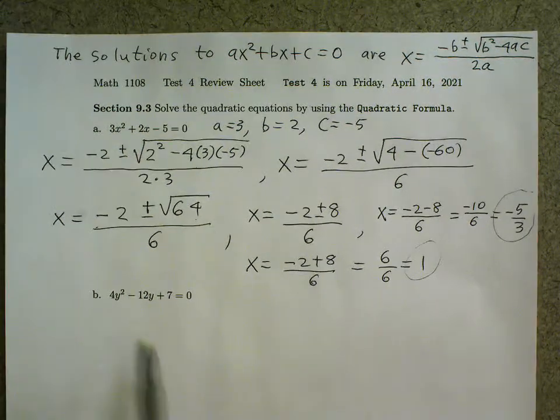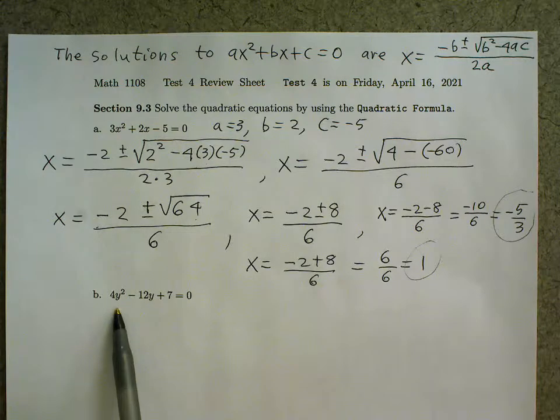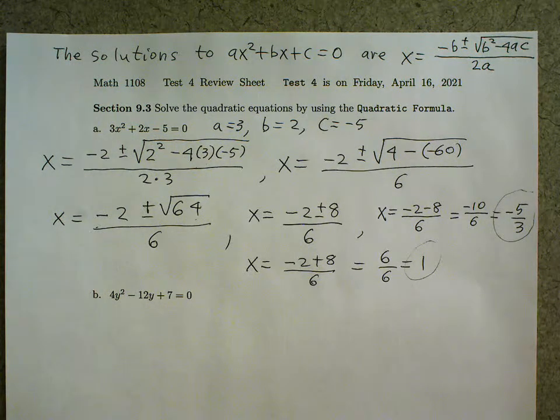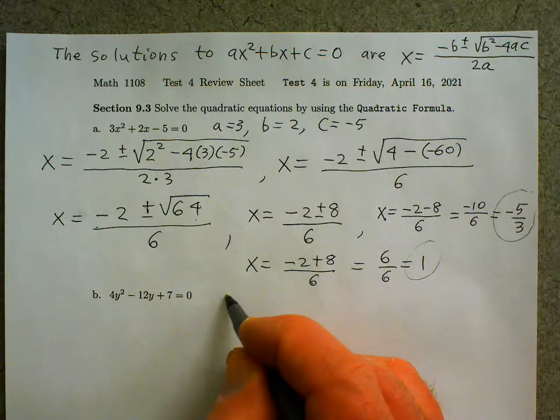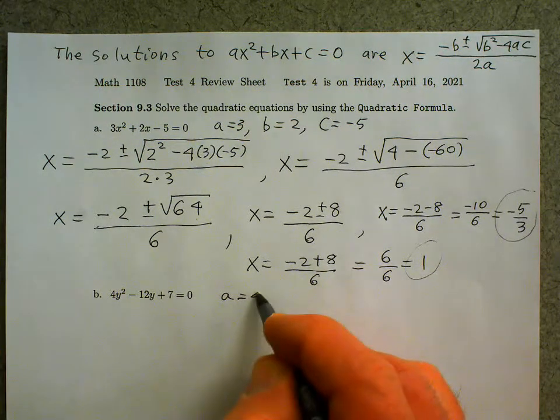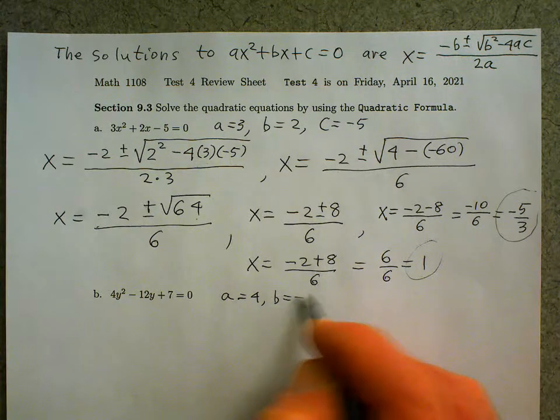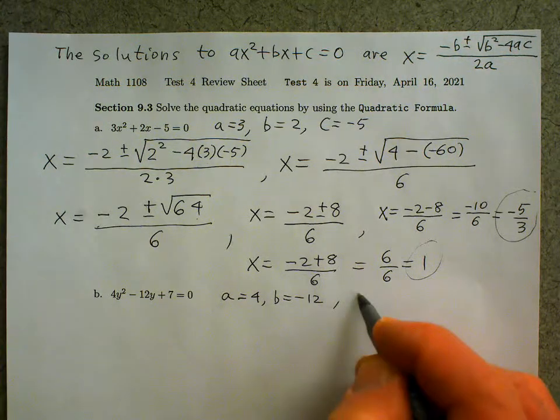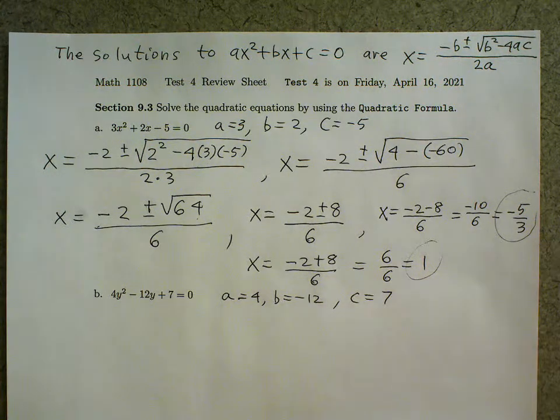In the next quadratic equation, 4y to the second minus 12y plus 7 equals 0. It's in standard form. A is 4, b is negative 12, c is positive 7.